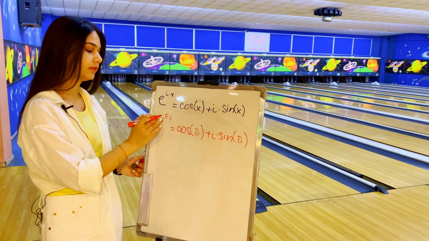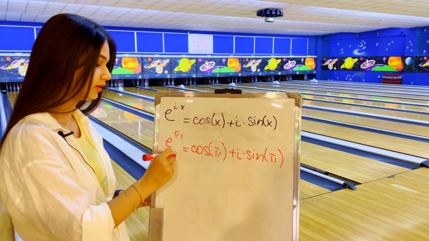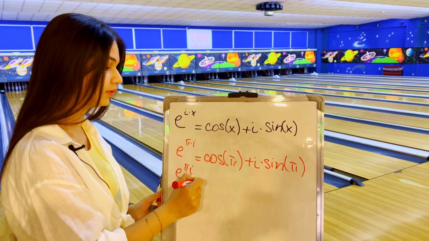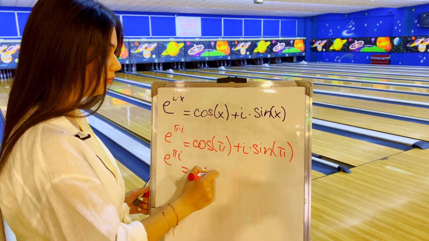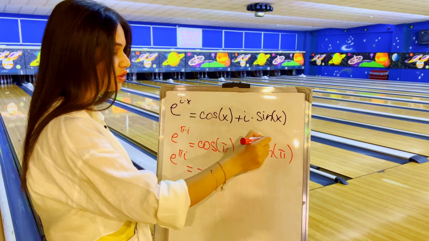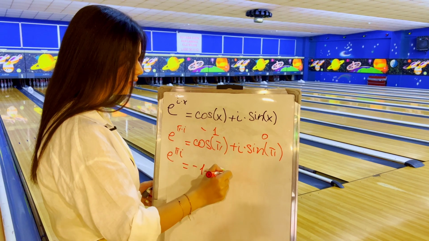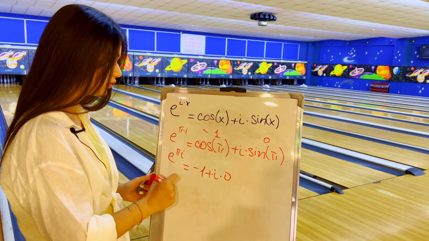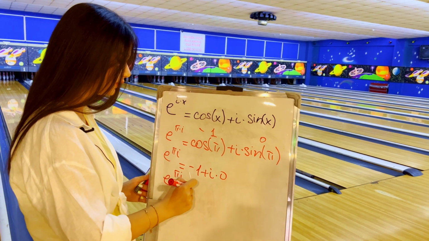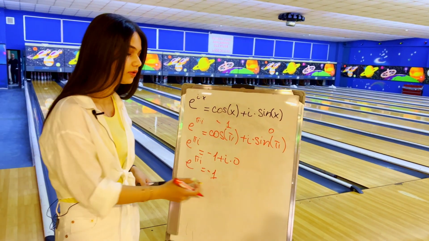So let me see, I don't change anything there. e to the power of pi i is equal to cosine of pi, which is -1, plus i multiplied by sine of pi, which is just 0. This is -1, and 0 gives us nothing. e to the power of pi i is equal to -1. That's it. This is Euler's identity.